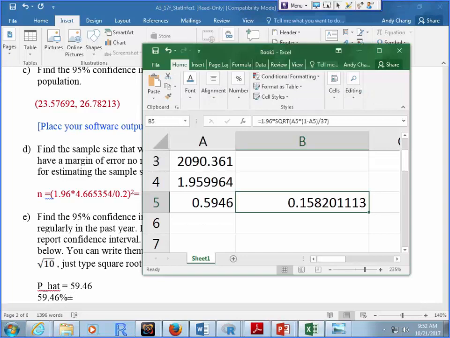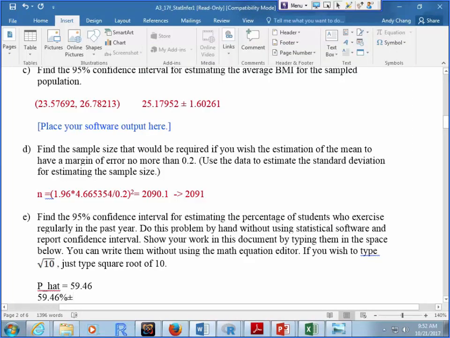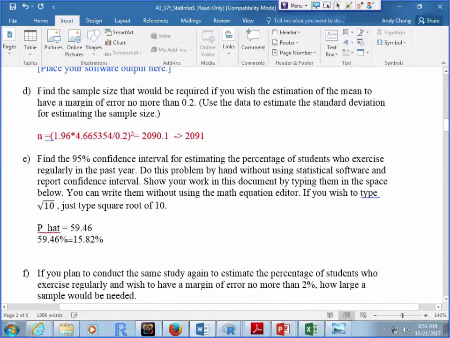The margin of error was 15.82%. So that's your confidence interval.